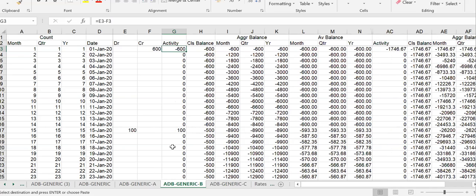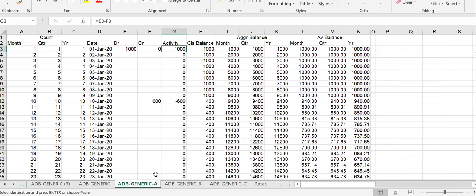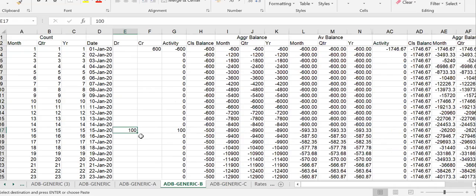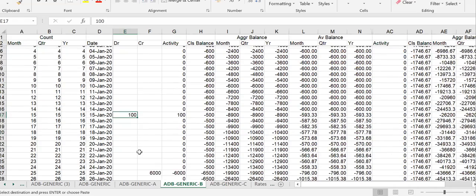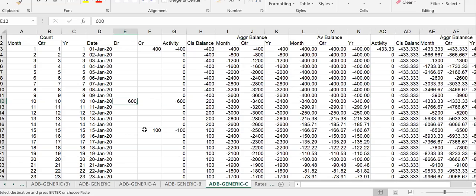Similarly, on 15th of January, account B was debited by 100, and on 15th of January, account C was credited by 100. On 10th of January, account A was credited by 600, and account C was debited by 600.